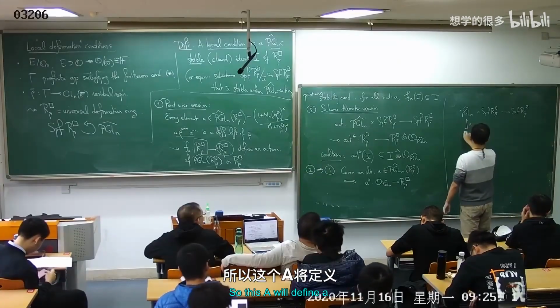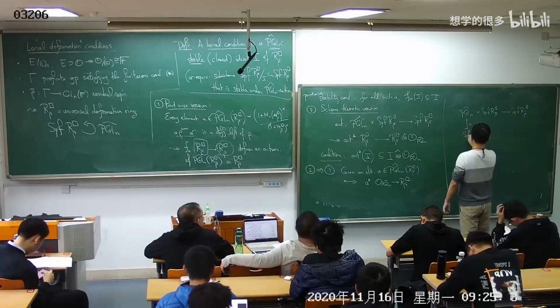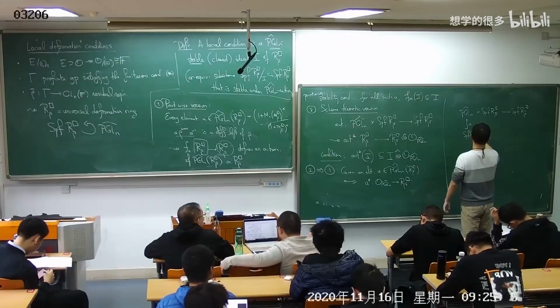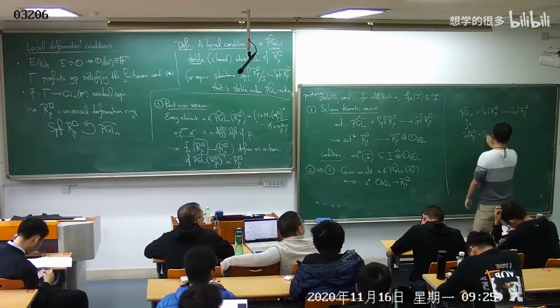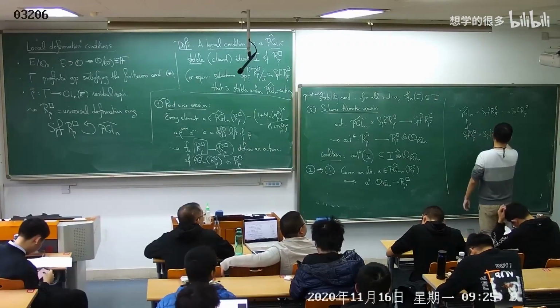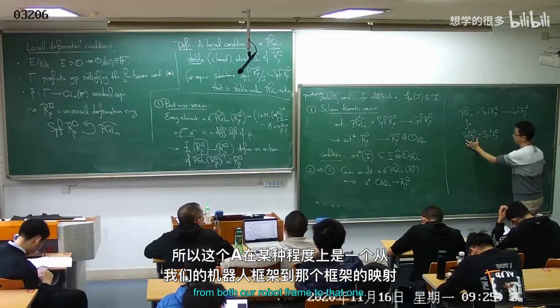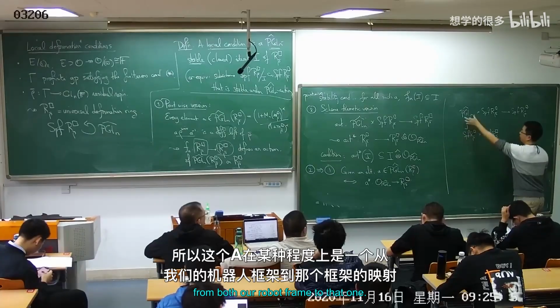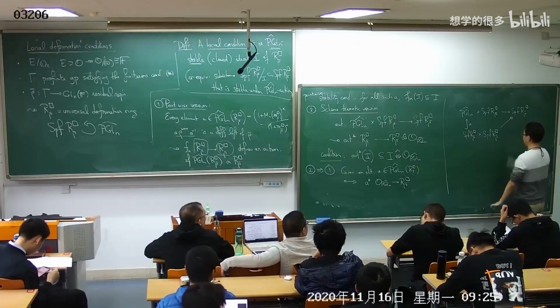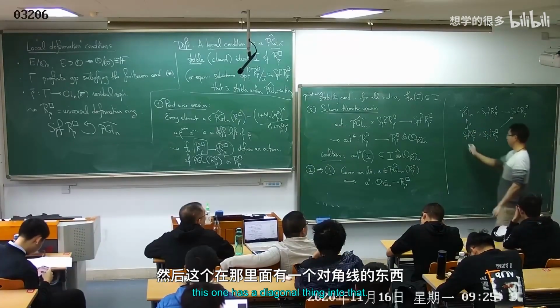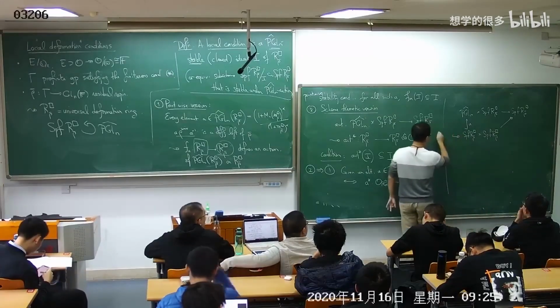So this A will be a map from Spec of R rho bar frame to that one. And then this one has a diagonal map into that.